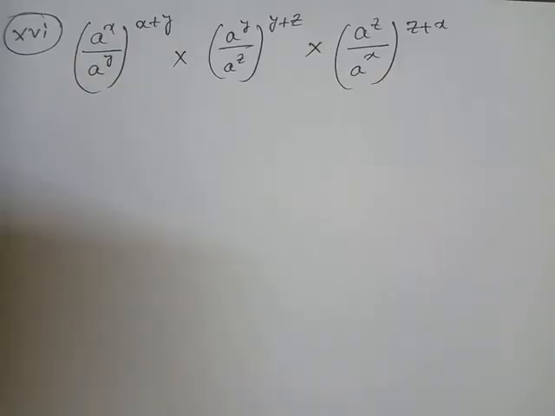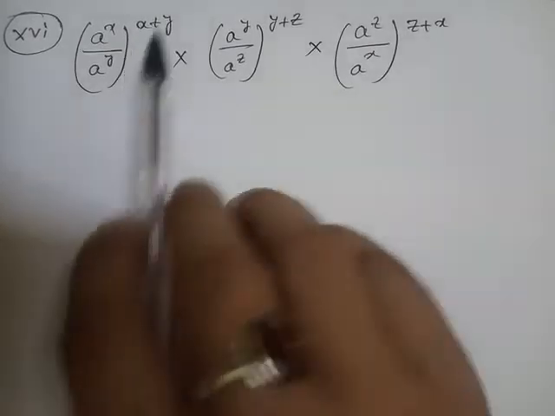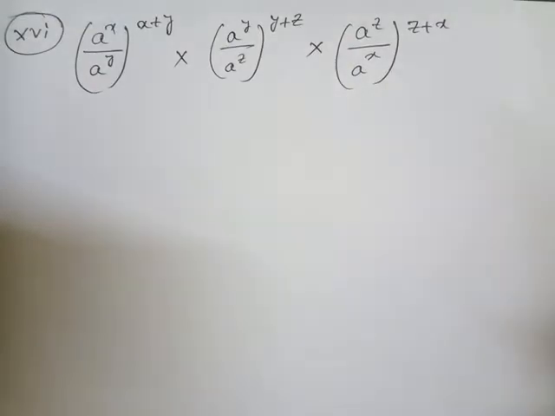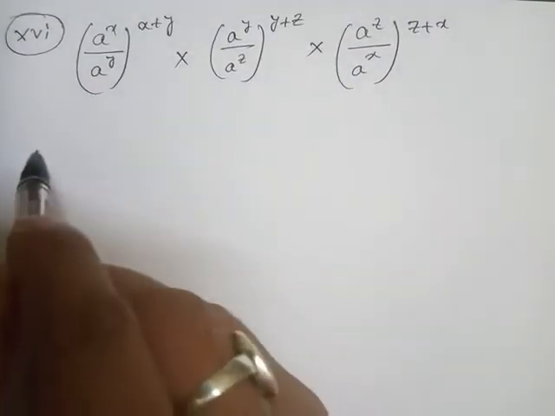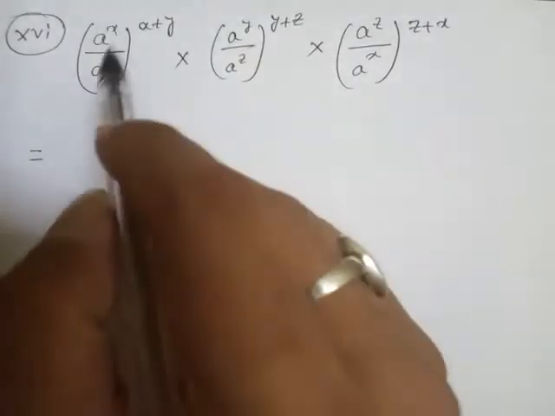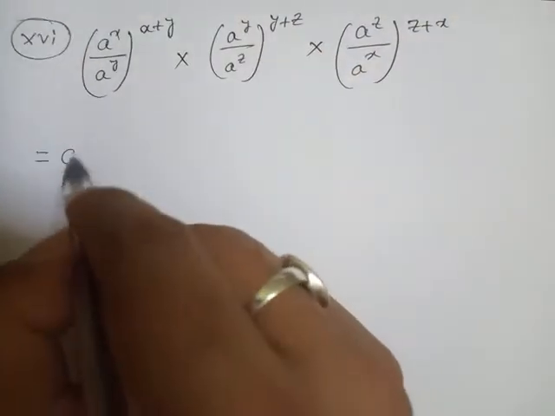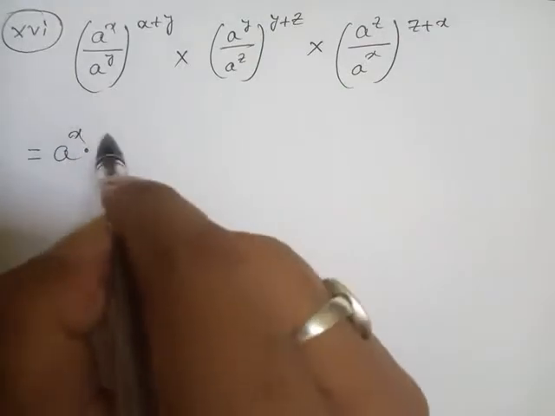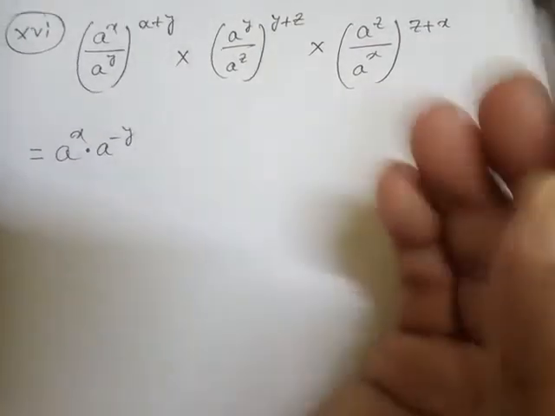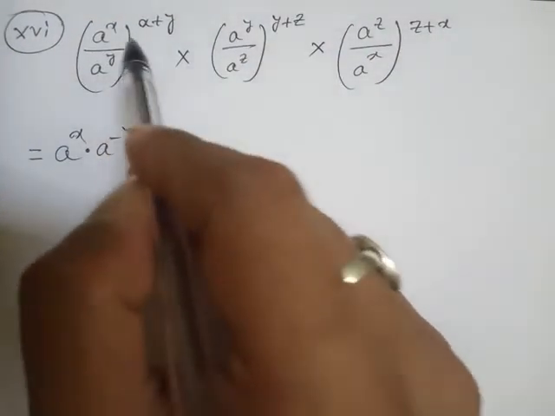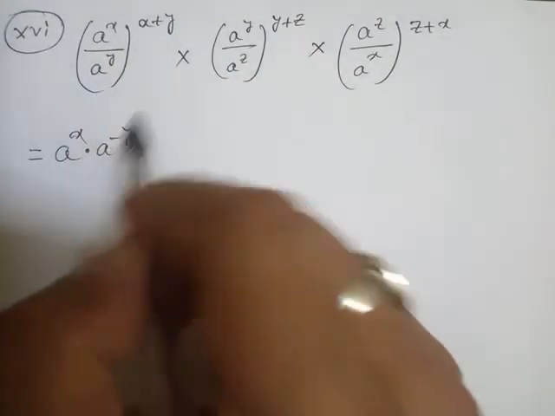Now student, look, the next one is number 16, and the question is a to the power x by a to the power y whole to the power x plus y, and similarly also this one. Now this I'm going to solve. This is very easy actually. So we'll just change the numerator and the denominator, like a to the power x into a to the power y, now it becomes a to the power minus y. If the denominator goes into the numerator, it becomes minus.